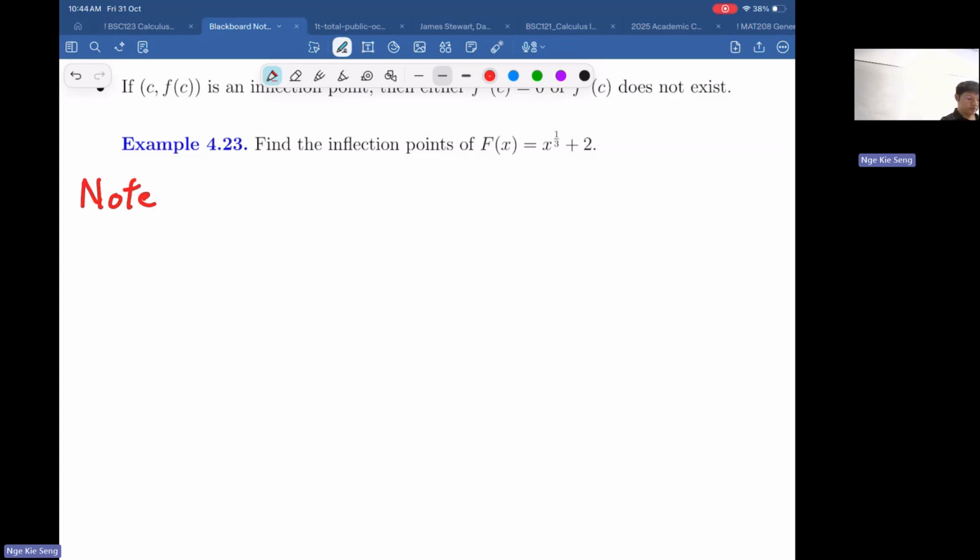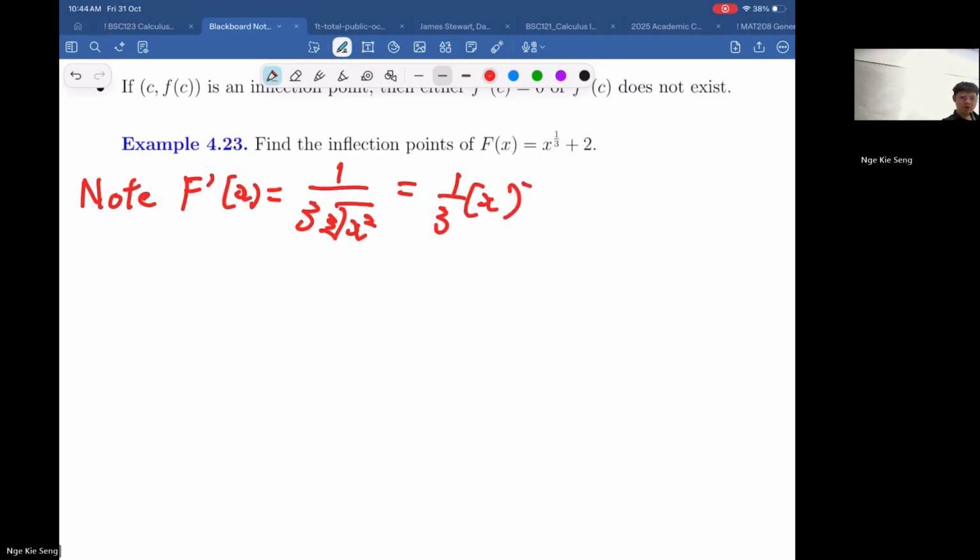So we need to compute up to the second derivative. So let's differentiate this. What do you get? 1 over 3 times the cube root of x squared. You can write it in a more compact form for differentiation later. So if you differentiate this, you get negative 2 over 9 x to the minus 5 over 3.